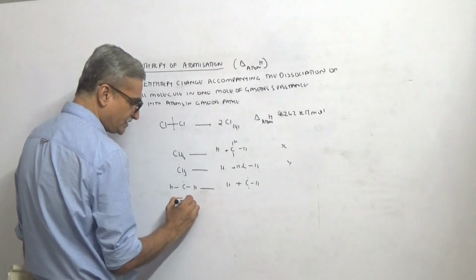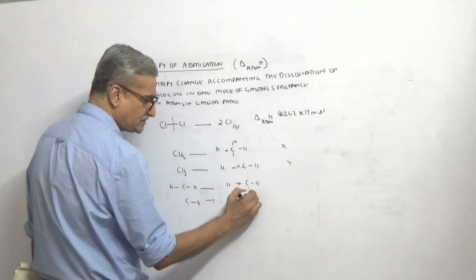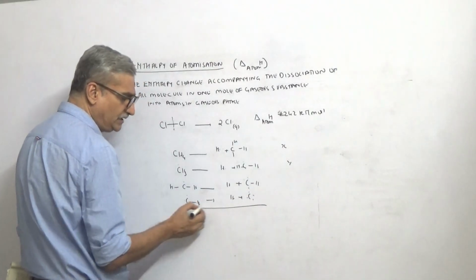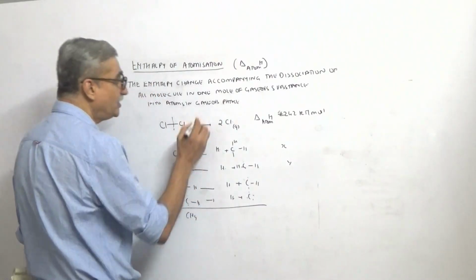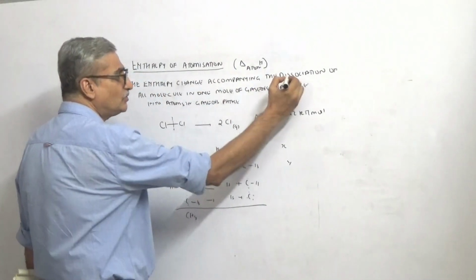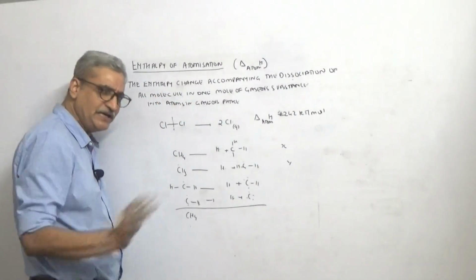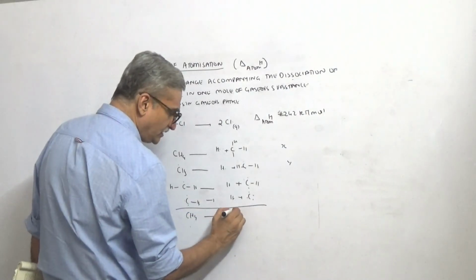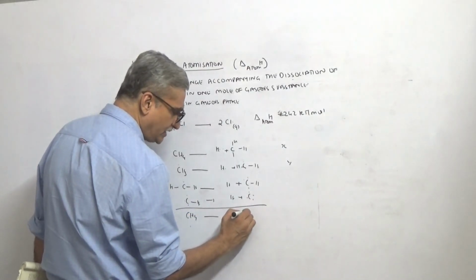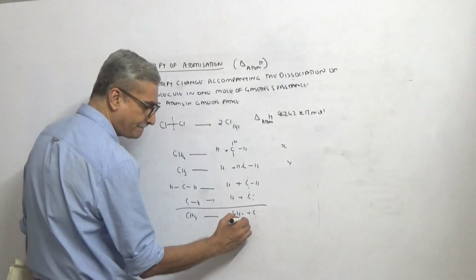Then CH is going to form H plus C. Or in other words, the net reaction is what? CH4, 1 mole, the complete dissociation of all methane molecules straight away into 4 hydrogen atoms and 1 carbon atom in the gaseous state.